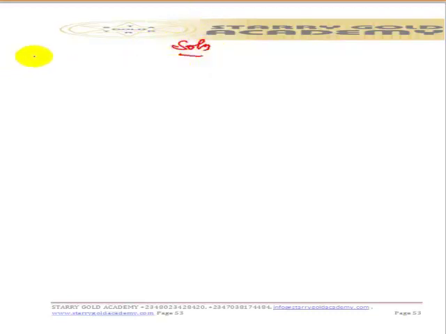So we solve this question. Solution. The first thing we do is to find the EOQ.